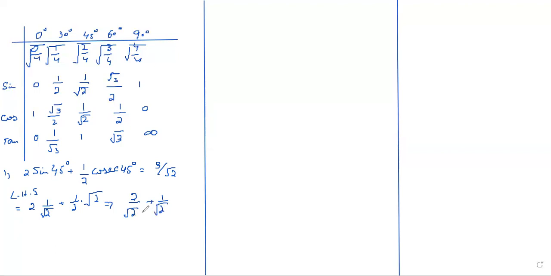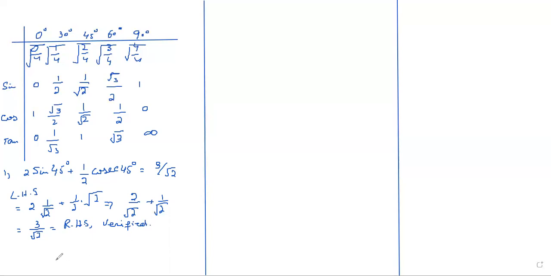The denominator is the same, so we just add the numerators. It gives us the answer 3 over 2 root, which equals our right hand side. The question says verify, so we write here verified. And if the question says prove that, we write proved.